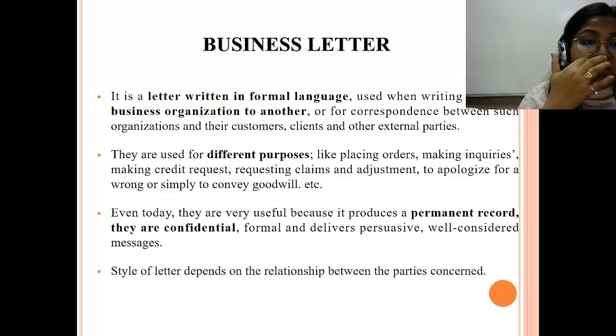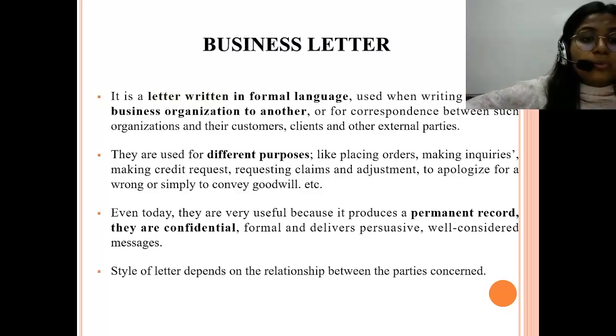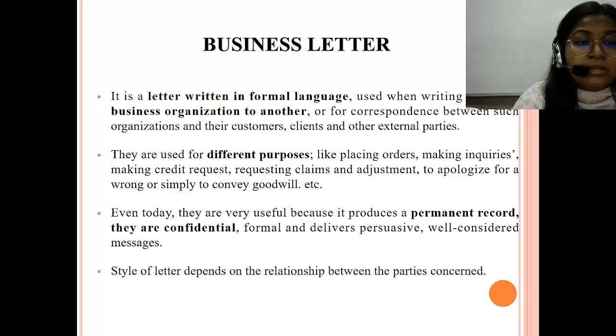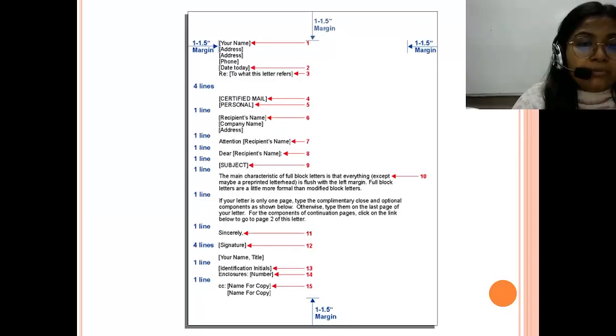This need that moves you to write the letter is your primary objective. So here you can see an example of a letter where we have to give the margin, and how we have to write the letter. So let's discuss one by one.